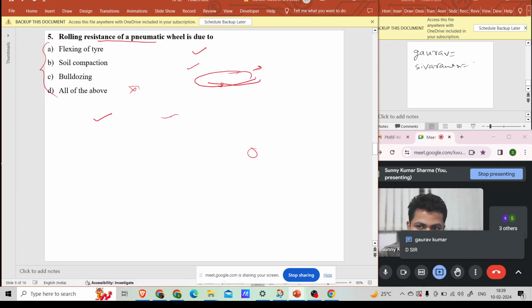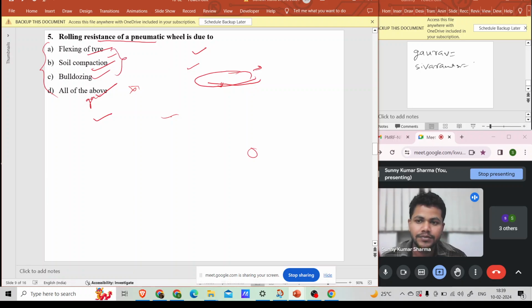Gaurav has told the correct answer. Rolling resistance depends on flexing also, shock compaction also, bulldozing also. These are the main criteria which affect the rolling resistance. So all of them is the correct answer.